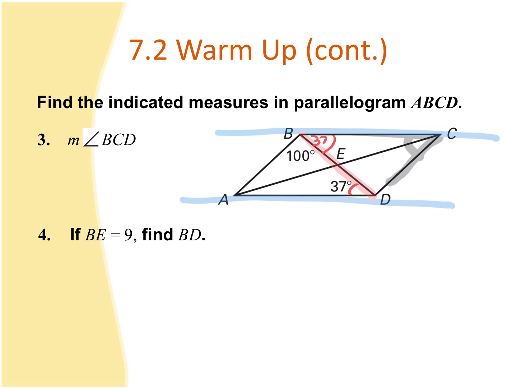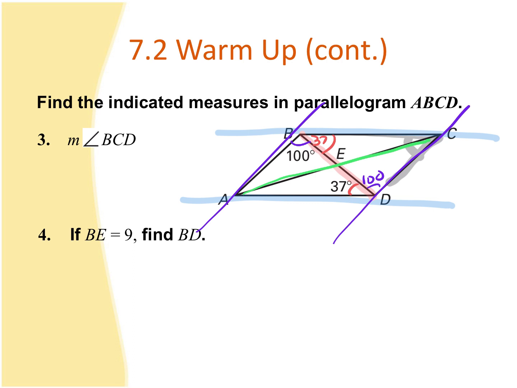I could also use the other diagonal as a transversal, and then the other sides as parallel sides. So AB is parallel to CD, which then makes alternate interior angles here with 100 and 100.